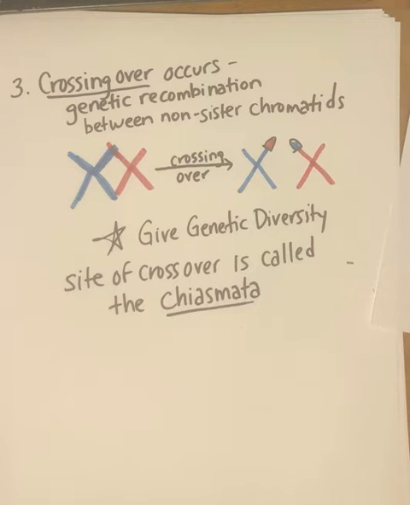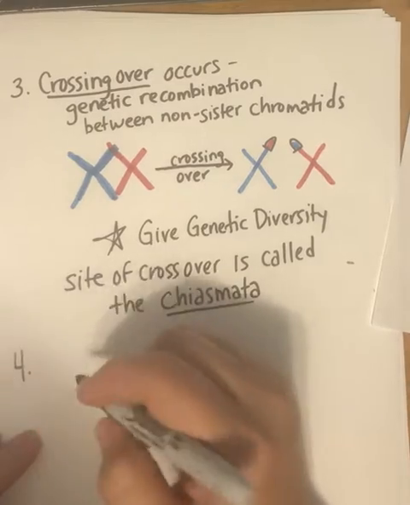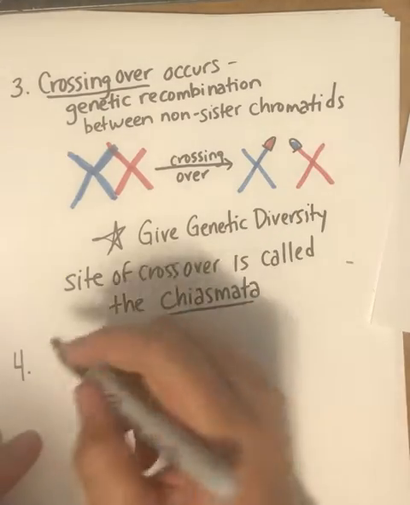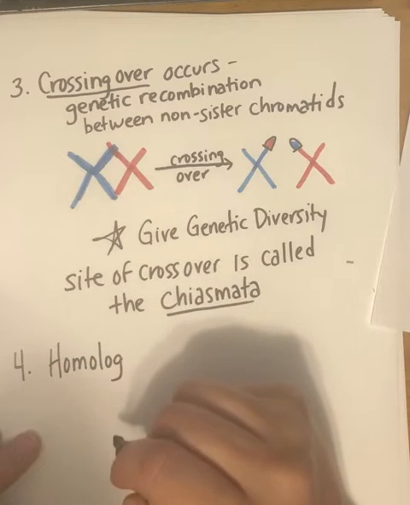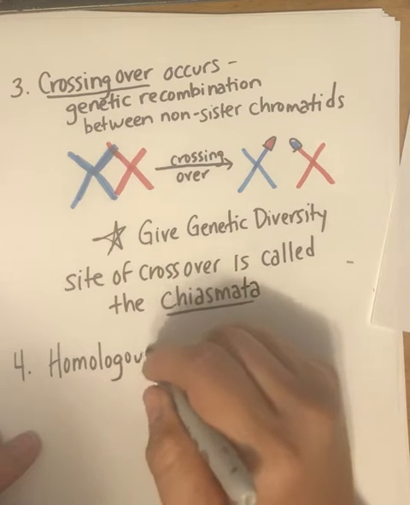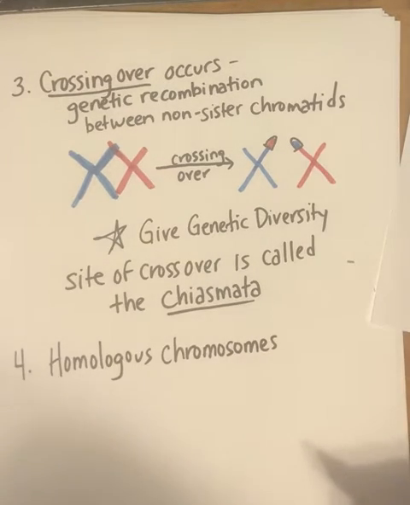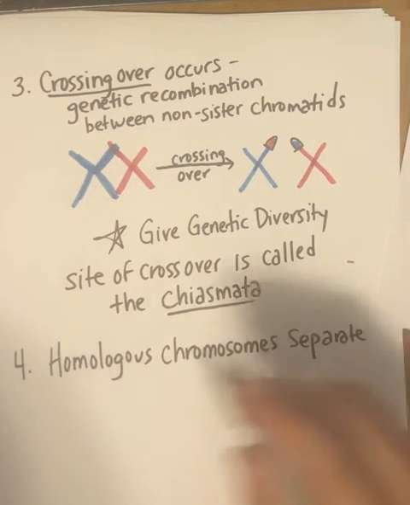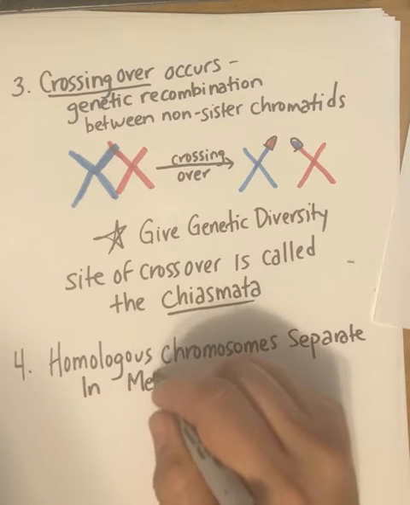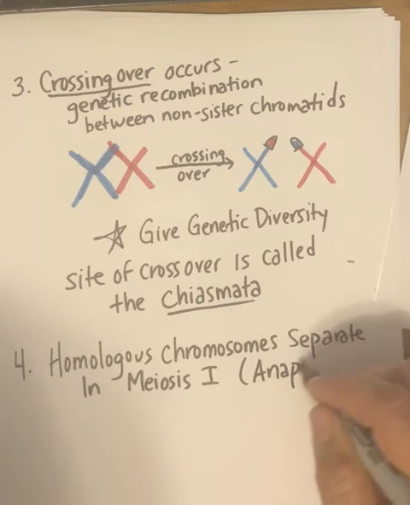All right. Other things that are different between mitosis and meiosis, because we're doing features. Number 4 is these homologous chromosomes are going to separate in meiosis 1, in anaphase 1.